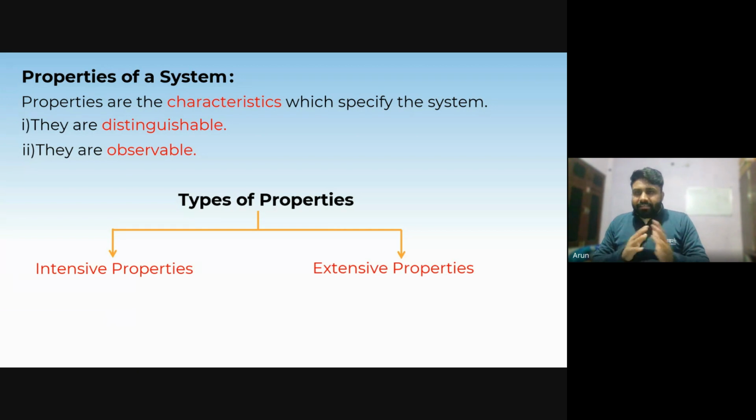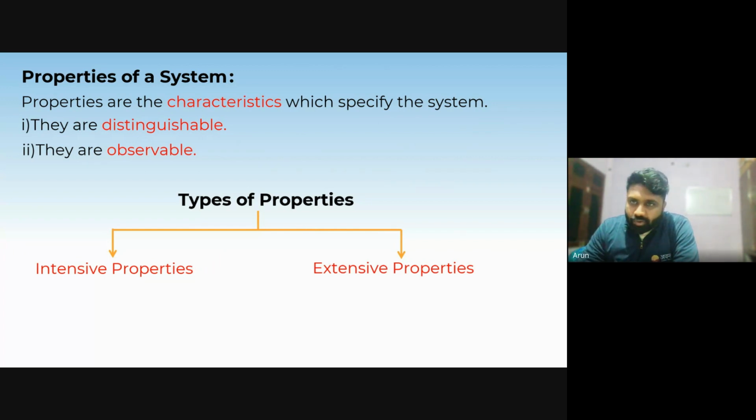So these are the properties which specify that this student belongs to JNV Ramnagara and this student belongs to JNV Baleri. Okay. So there are some characteristics. The same thing happens with the system also. A system also has some properties which characterize that, okay, this type of system we are dealing with. Okay. So types of properties: we have intensive property and extensive property.